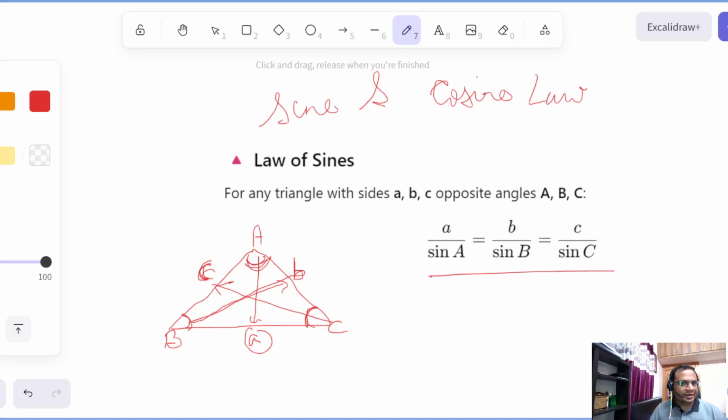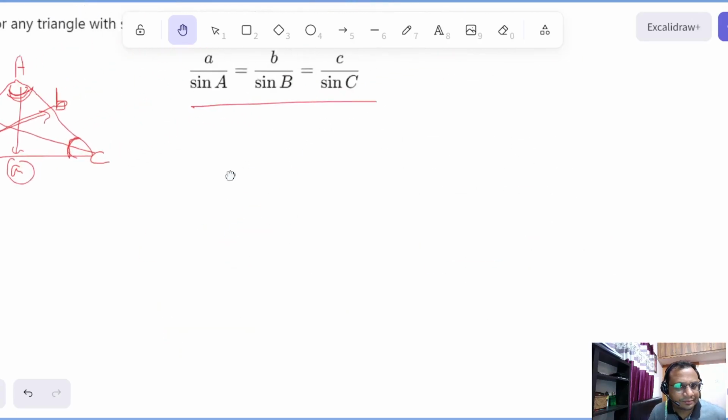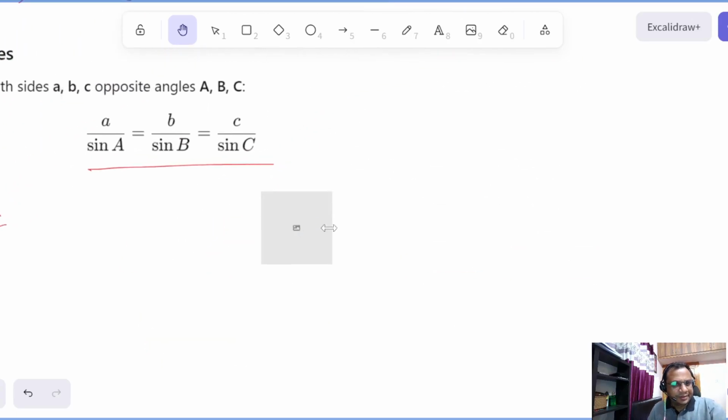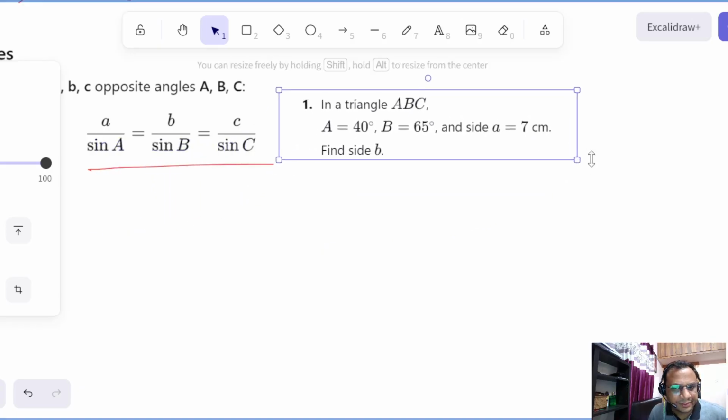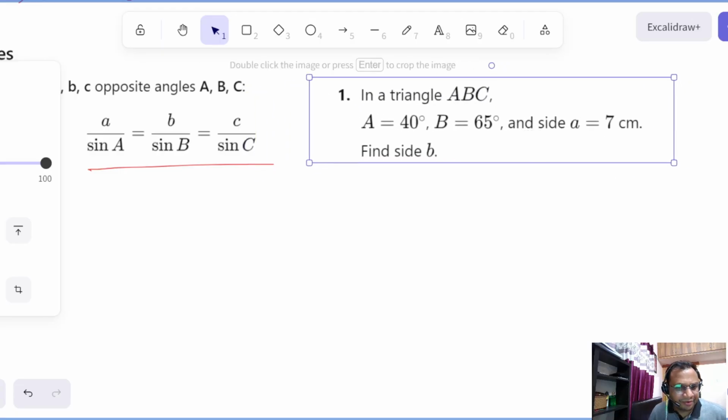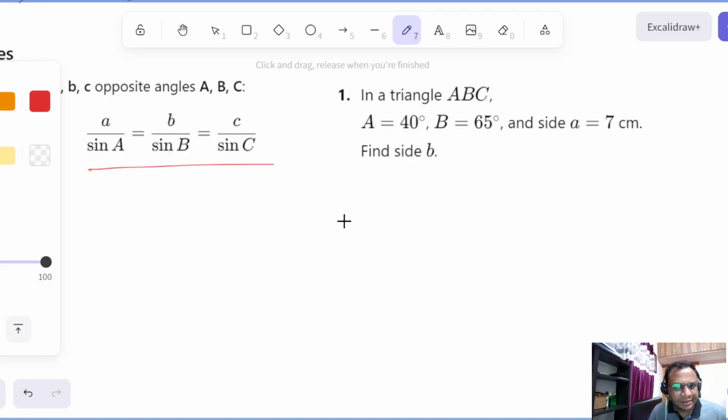So for example, if I take one question, this will be more clear. Let's see this question. So again, we'll draw one triangle.